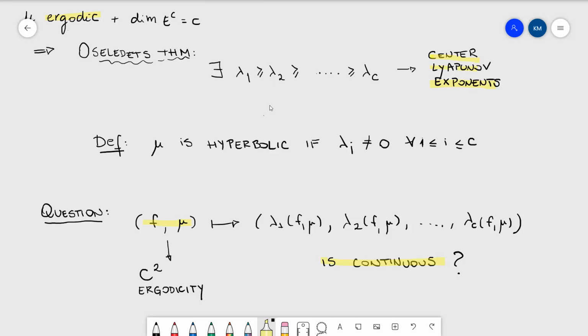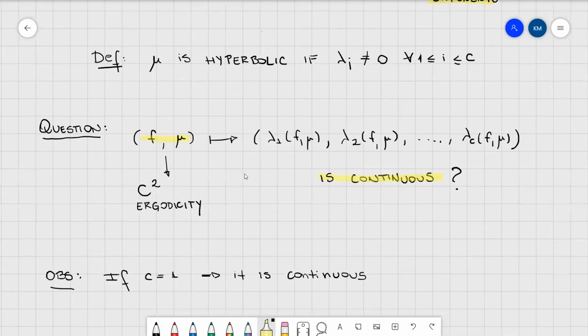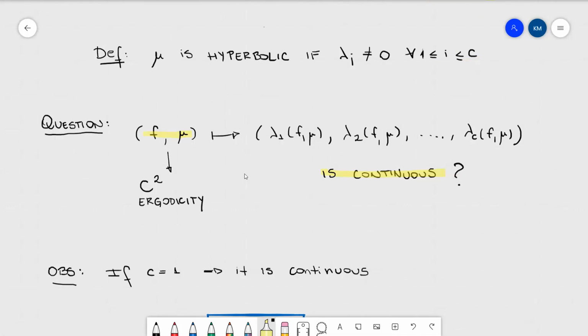It's a very general question, so I'm going to start to restrict myself to simpler cases. I want to start by observing that the first case, the easy case, is when you have the center dimension equal to 1. We already know that this has a positive answer. This map is continuous when the center dimension is 1. This is because we have that domination between the three bundles that I mentioned at the beginning.